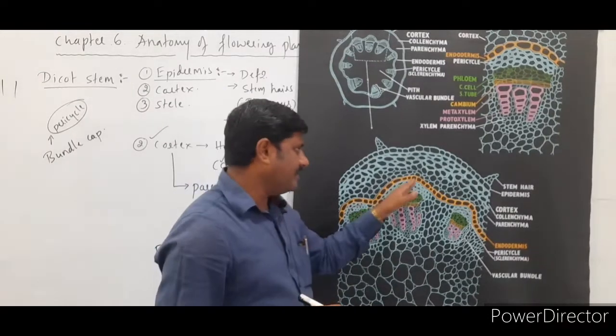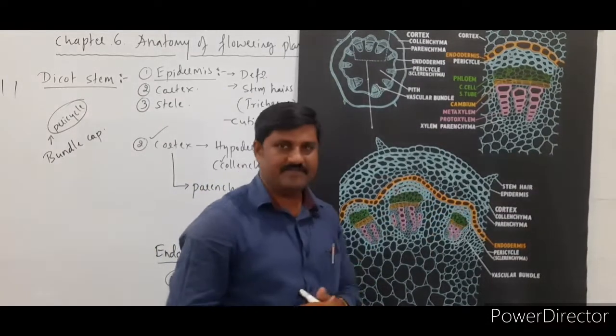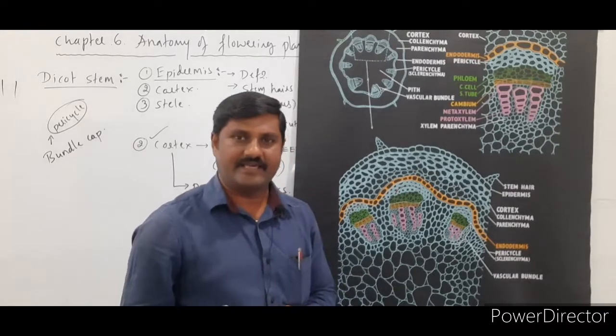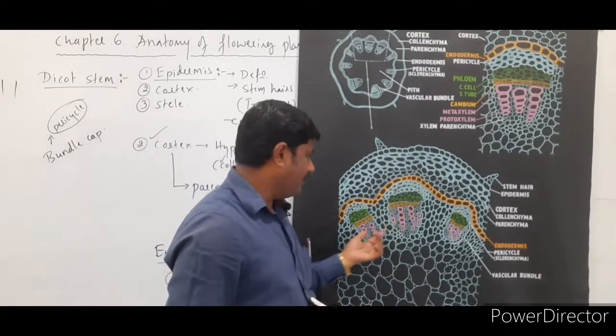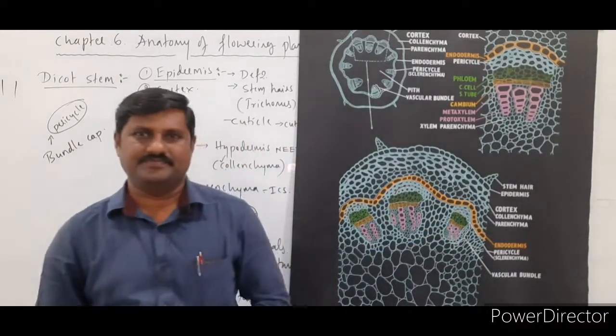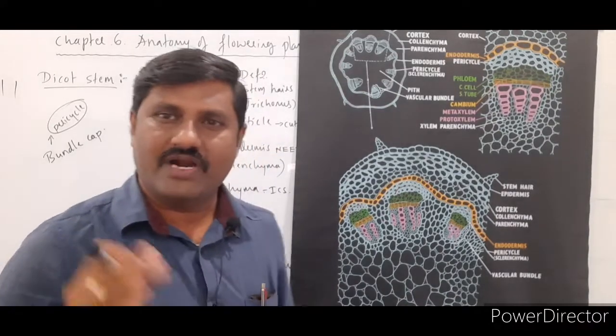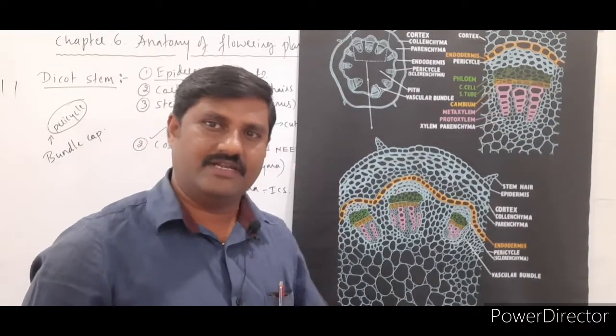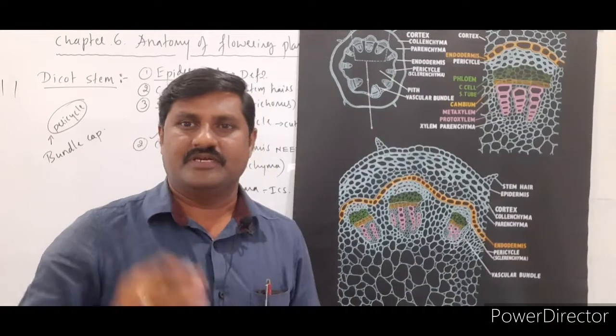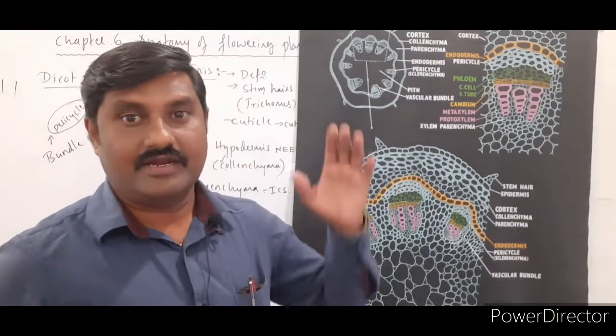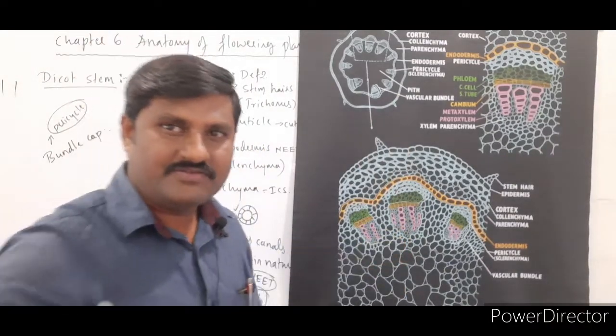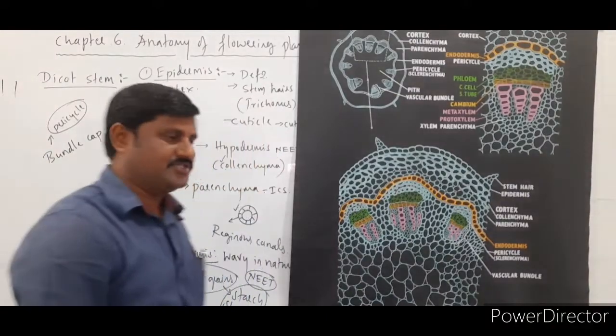And after the pericycle, you come across the vascular bundles here. A very important aspect: what kind of vascular bundle is seen in dicot root, monocot root, and now dicot stem? So very clearly you understand, dear students.